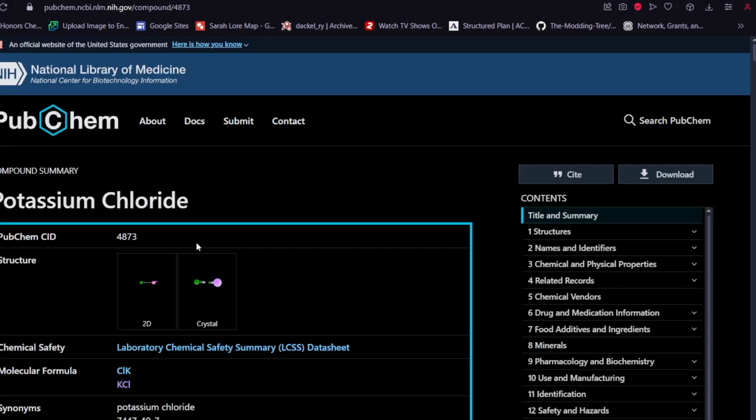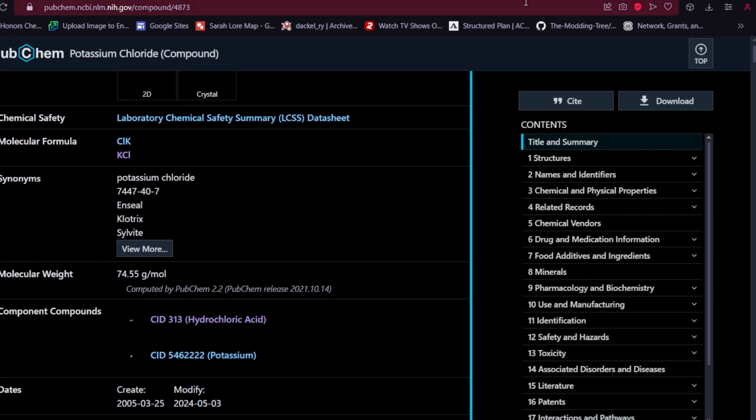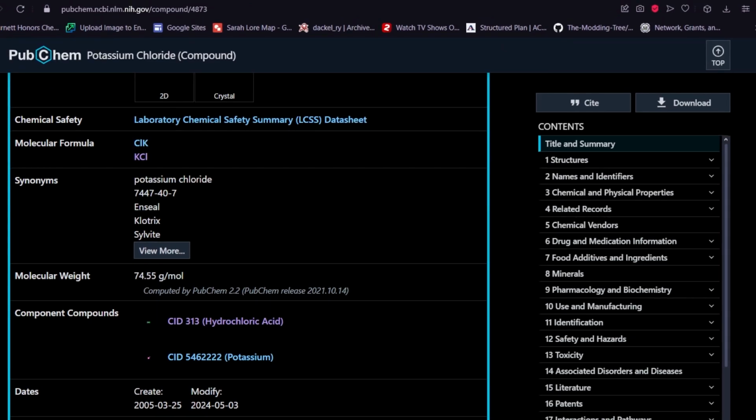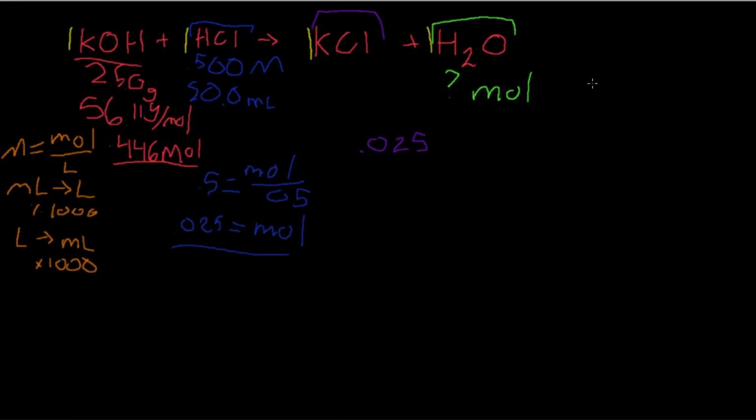Obviously, you'll have your periodic table to do all this. I don't have mine with me at the moment, so this is just how I'm doing it. Again, for studying, PubChem is a wonderful website. 74.55 grams per mole.